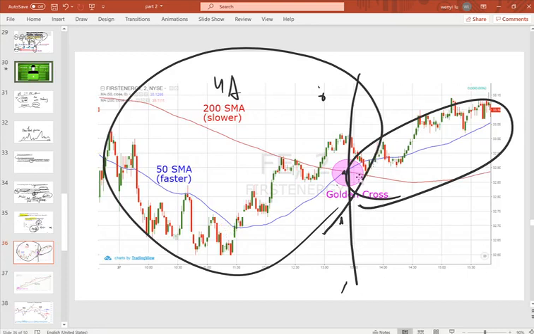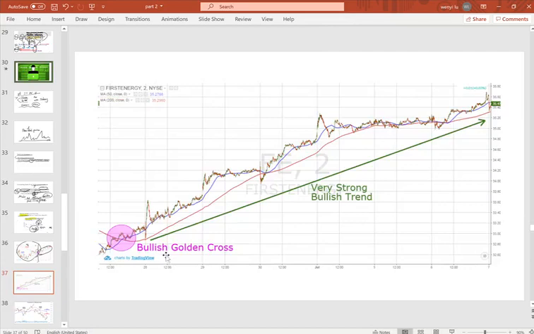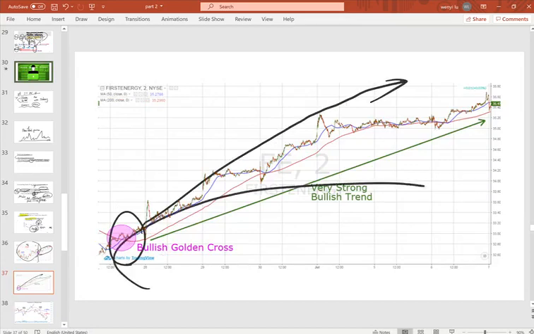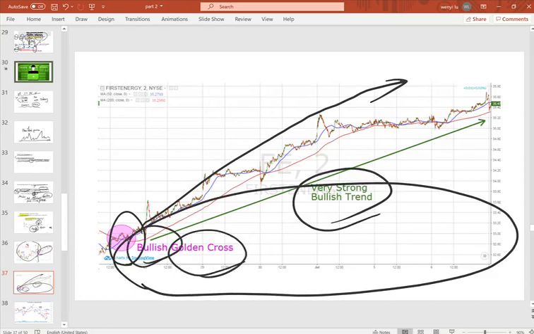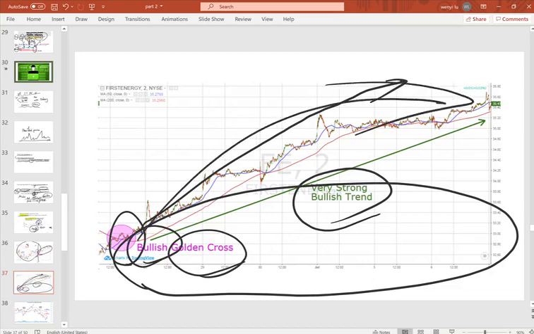You can see here, after the pink circle where you bought this stock, First Energy keeps going up for a few days. It's a very strong bullish trend. So if you can detect a good golden cross, it will be a very good point to buy a bullish stock to get a high return.